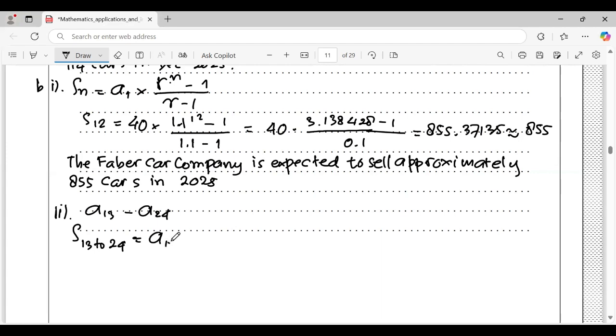Of course the first term is a_13, and r is greater than 1, so it means r to the power n minus k plus 1, minus 1, over r minus 1.